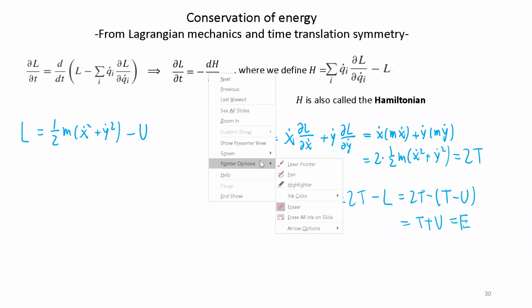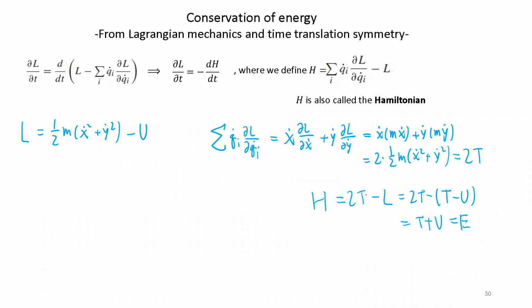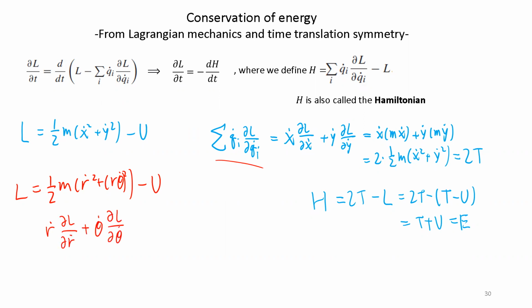So what about polar coordinates? Let me also just try that. If polar coordinates, then the Lagrangian is like this. And this time, what are these terms? This would be R dot partial L partial R dot plus theta dot partial L partial theta dot.